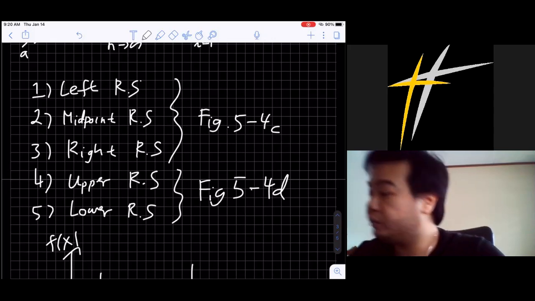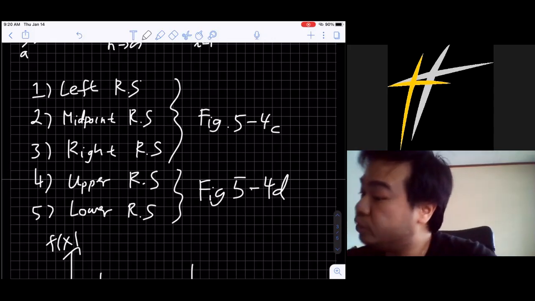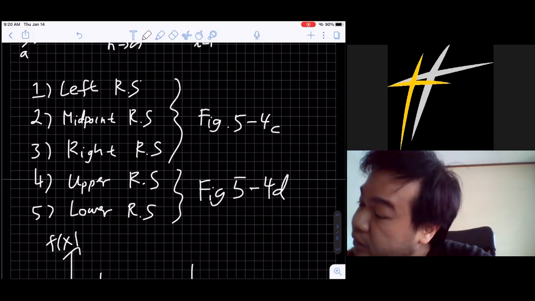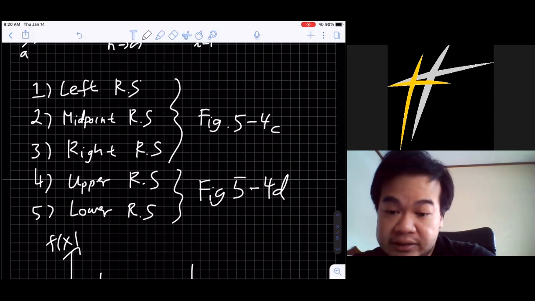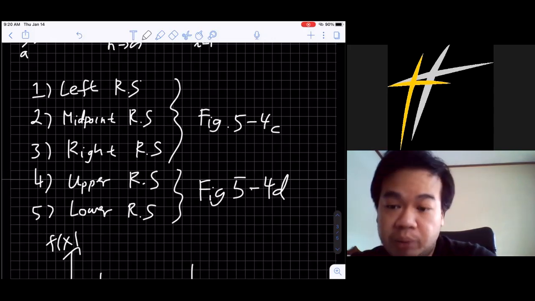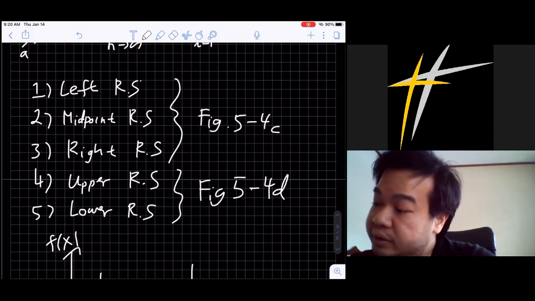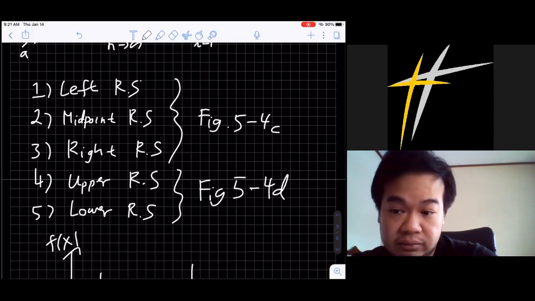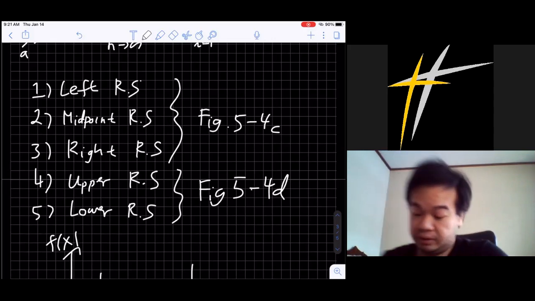If you see in your book figure 5.4d, for the lower one, it doesn't matter where the x is, but you have to take the sample point that makes the rectangle the lowest, but still touching the graph.